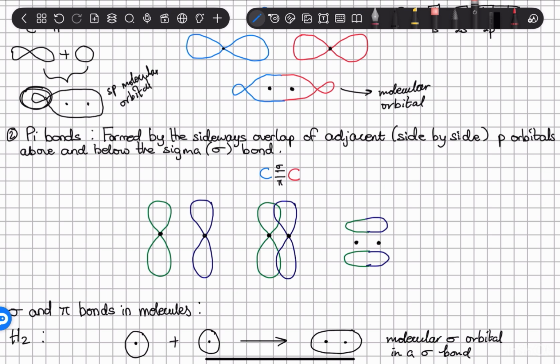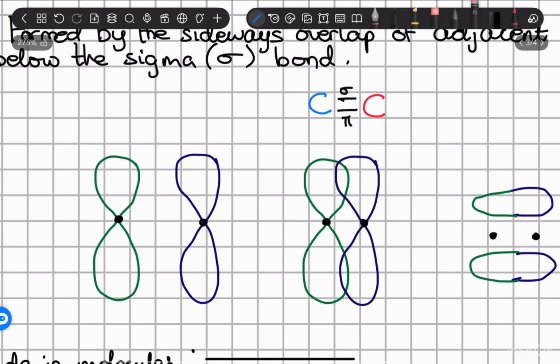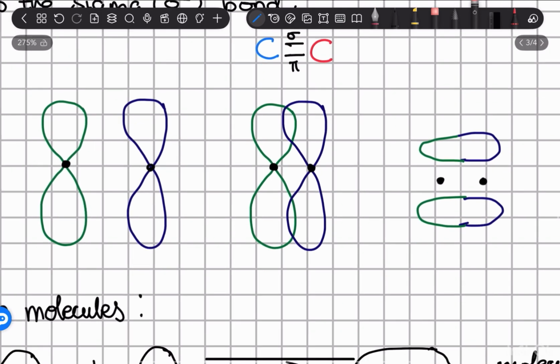Pi bonds are formed from the sideways overlap of adjacent p orbitals above and below the sigma bond. That's why it's necessary, because you need the sigma bond first so that the pi bond can form. Over here, the sigma bond is already present, so I'm not going to draw that.